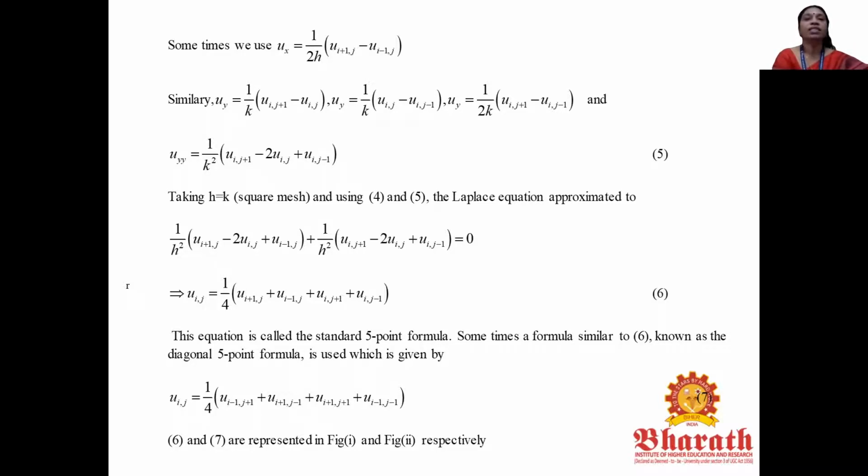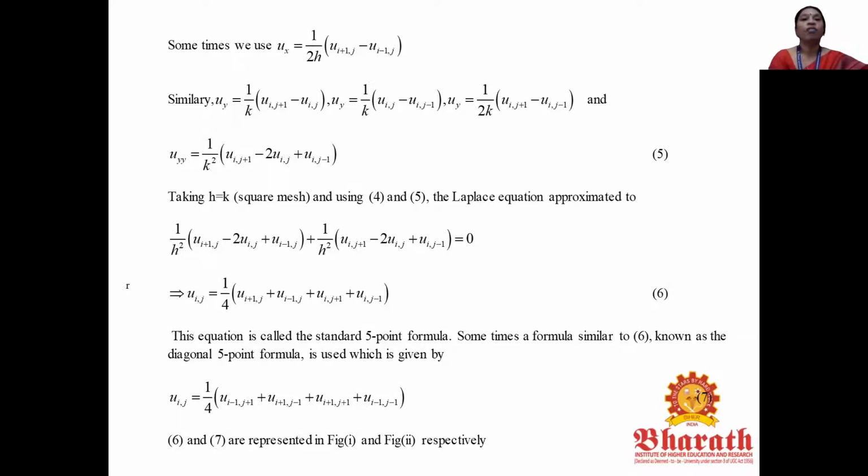So taking h equal to k, that is, if you are taking a square mesh where h and k have equal interval, and using equations 4 and 5, the Laplace equation is approximated to 1 by h square into u of i plus 1 comma j minus 2 u of i comma j plus u of i minus 1 comma j, plus 1 by h square into u of i comma j plus 1 minus 2 u of i comma j plus u of i comma j minus 1 is equal to 0.